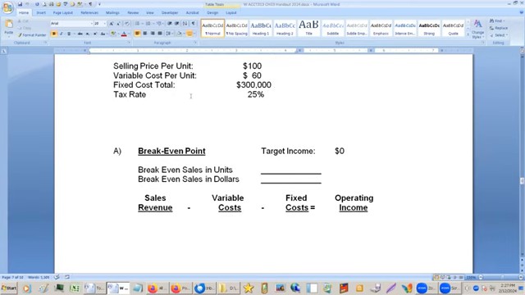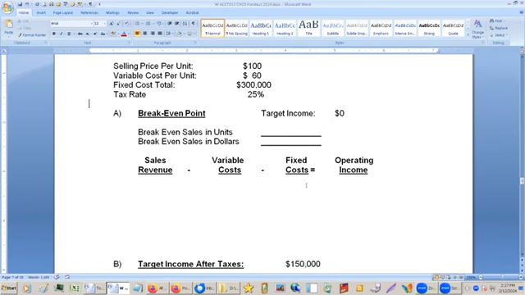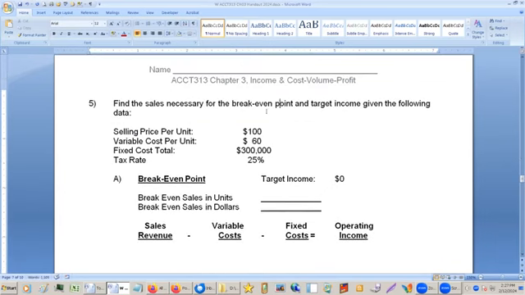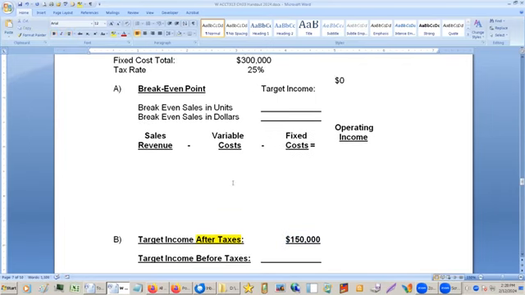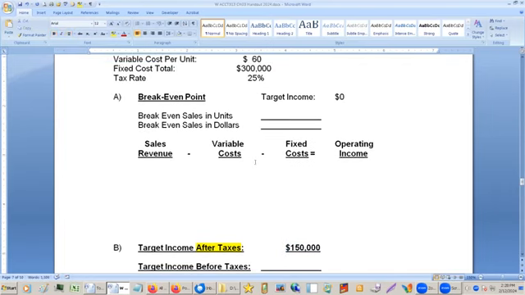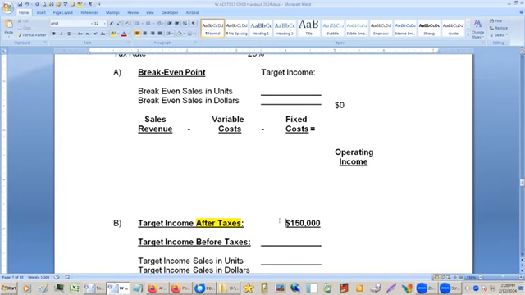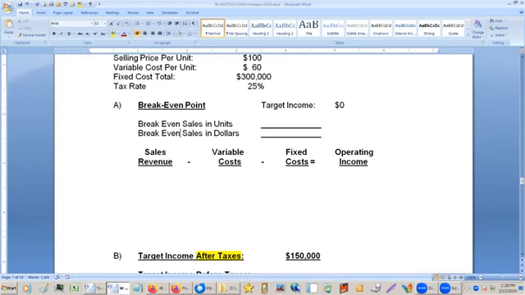Let's go on to this. So this is break-even point if there's a tax rate. And basically we want to find the after-tax income is what we're talking about here. So if we have taxes, we probably want the after-tax income, how much we're going to be able to keep. And it may differ between projects, but anyway, this is the after-tax income we're targeting for.